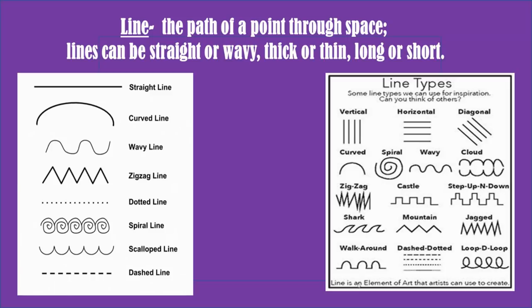This might remind you of the curve of a rainbow. We know that the curve in the opposite direction looks a lot like the curve of a smile. Now I'd like you to think of those two curved lines combined to create a wavy line.